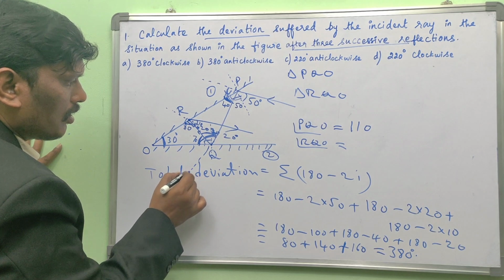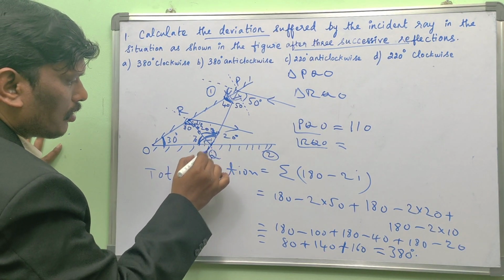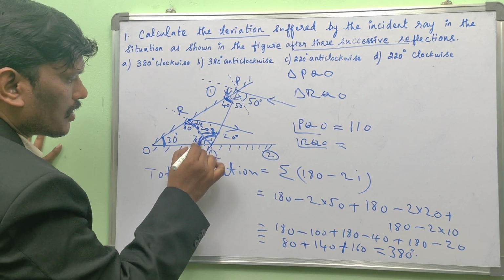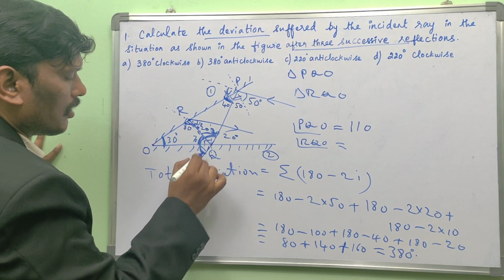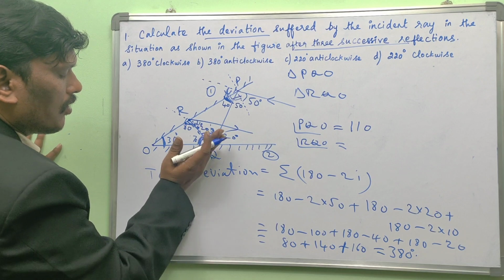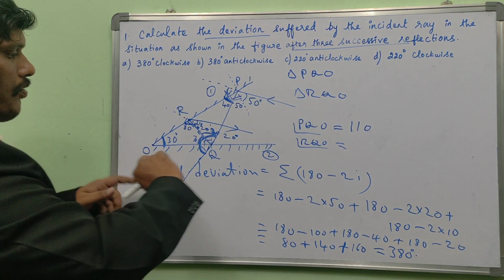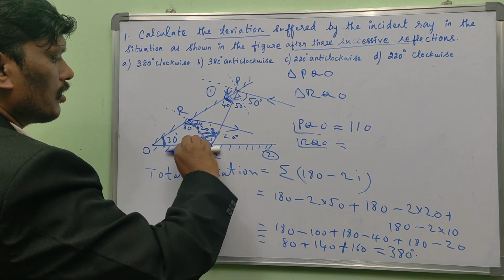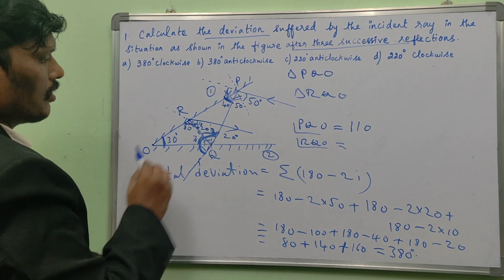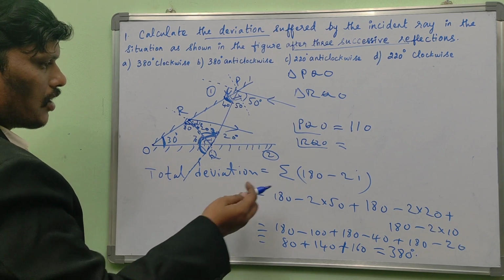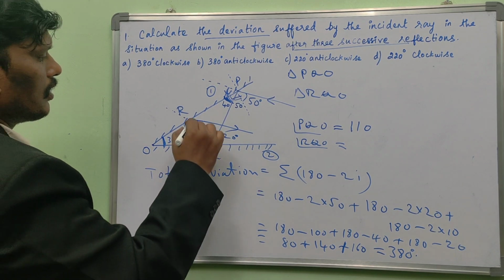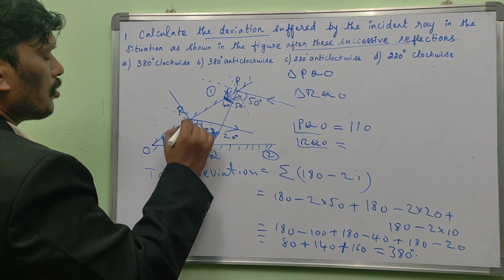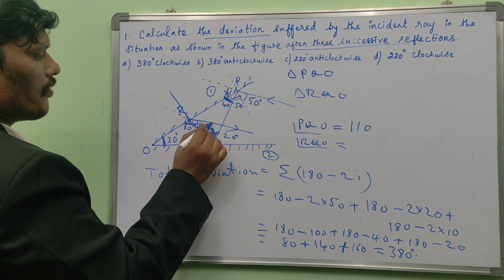Here also observe. This is the original path. How much is it deviated from this path? It will be reflected like this. Then this is the deviation angle. It is a clockwise deviation from this point to this point. The second deviation also is a clockwise deviation only. Next here, this is the incident ray, this is the original path, and this is the final path.